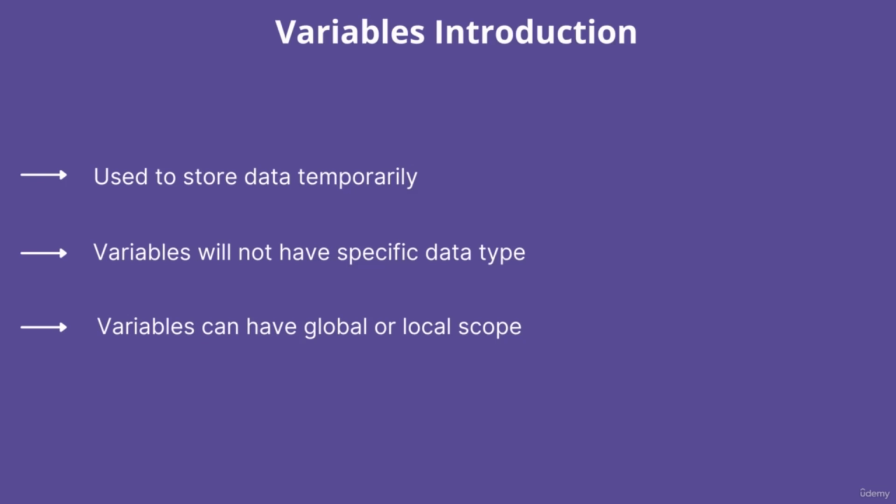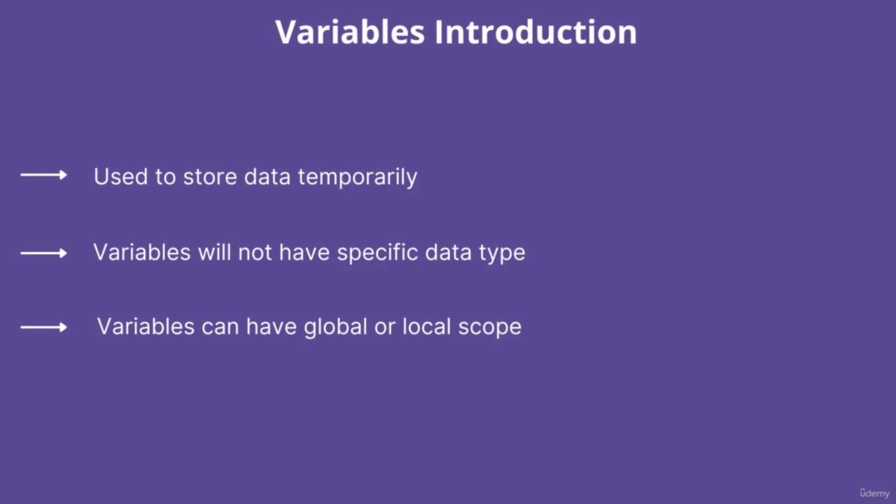As we have already discussed in the features of JavaScript, it is not a type safe language, so whenever you define any variable, it will not have any specific data type. So we will use var, the variant keyword, whenever we go for any variable declaration, and after that we can assign any type of value.